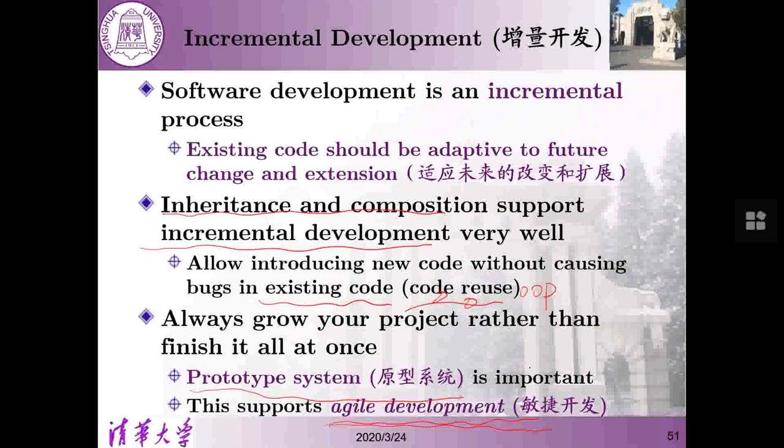Agile development is a hot topic, and nowadays we want to make things faster, so we want to make prototype systems faster, right? We develop such systems faster so that we can get feedback from the users, and then we can incrementally refine our system. So this is agile development. Okay.